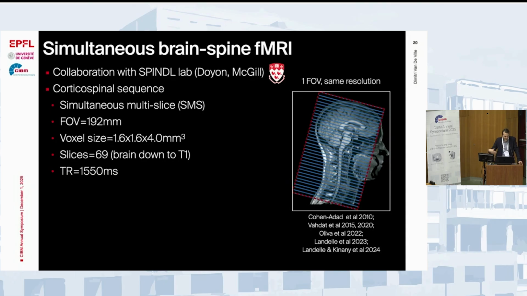So also brainstem and cerebellum, of course. And everything boils down to a compromise. I think this compromise is actually quite reasonable. We have in-plane resolution of 1.6 millimeter and 4 millimeter interslice spacing, and still with the TR of 1.5 seconds.